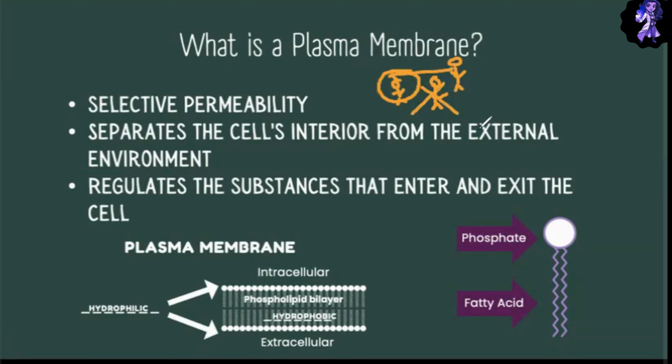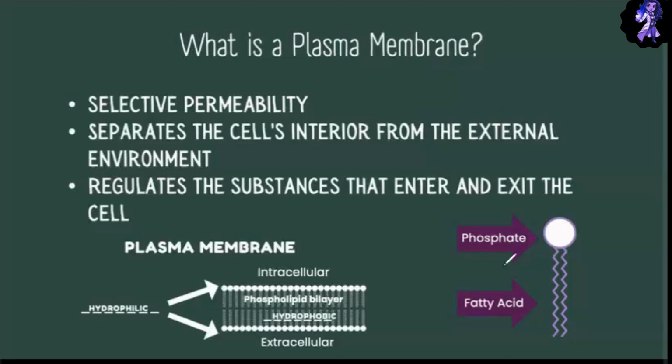You are selectively permeable based on what personnel you want to come in and out of the room. So that's the same way the cell works. The cell only wants to allow certain things to come in and outside of the cell. So the plasma membrane will provide this barrier to ensure that only items that are necessary enter or exit the cell accordingly.